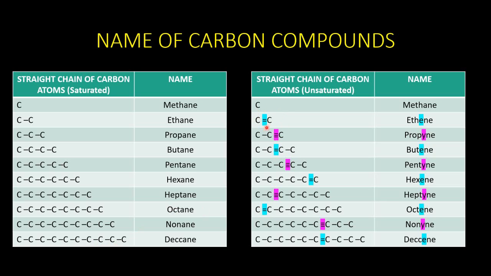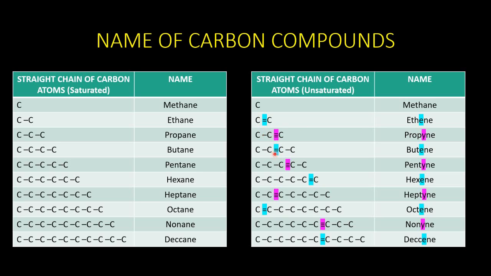If you see this table, with the presence of double bond, you can see the A in the ANE getting replaced by E. That is, ethene means the presence of double bond. ETH represents that there are two carbon atoms, and E represents there is a double bond between these two carbon atoms.